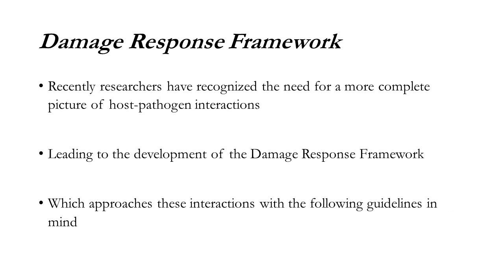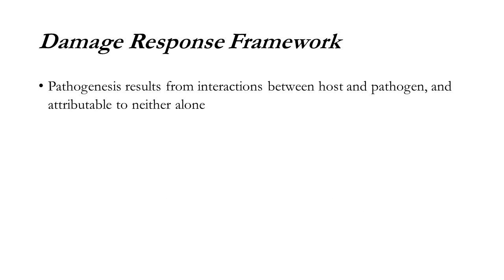Recently, researchers have recognized the need for this complication of the picture, and this has led to the development of the damage response framework. This basically approaches interactions between hosts, immune systems, and pathogens with the following guidelines in mind. Namely, pathogenesis results from interactions between hosts and pathogens, and it's not attributable to either alone.